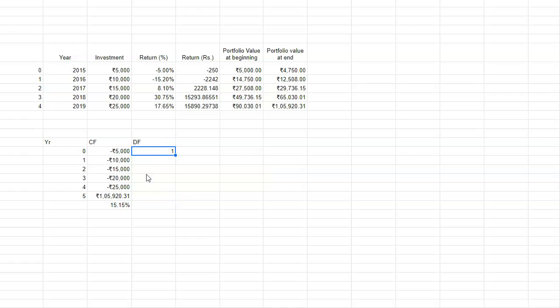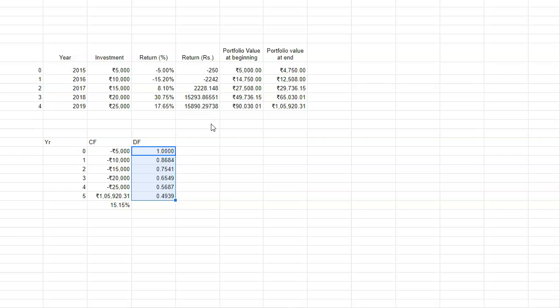Of course we need to fix our value for rate. So I'm going to fix that in the formula bar. If I double click here, now it has these dollar signs. And now I pull, so I get the discount factors.